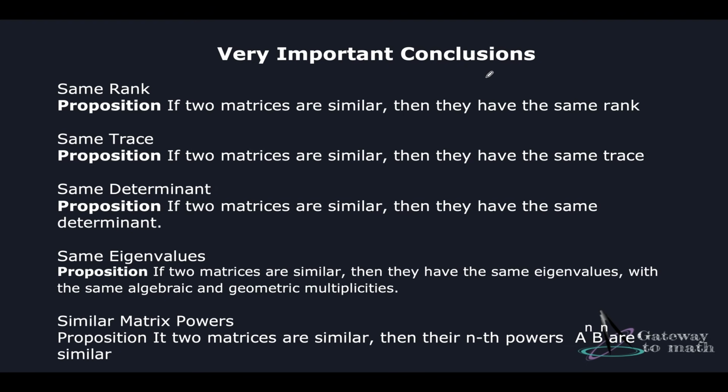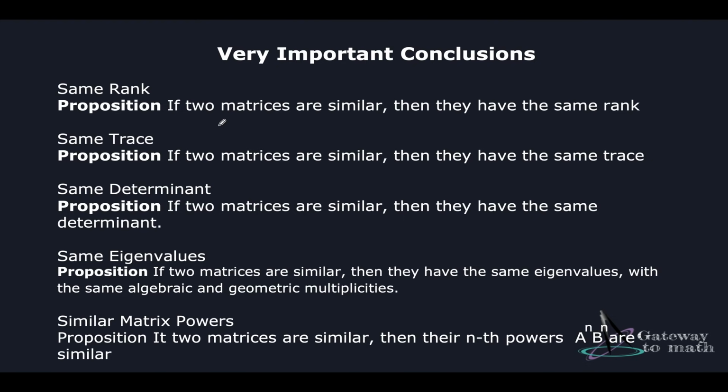Once you've put that information in the form of a matrix, try computing their rank, trace, determinant, eigenvalues, and matrix powers. So for instance, if the ranks are similar, the traces are similar, determinants are similar, eigenvalues are similar, and matrix powers are similar, that means the data is of a similar kind and they are similar data sets. So this is how you answer questions associated with data refining and cleaning in an interview, exam, or anything like that.